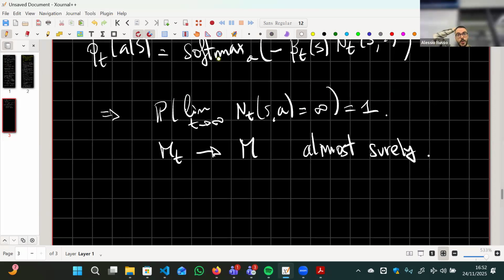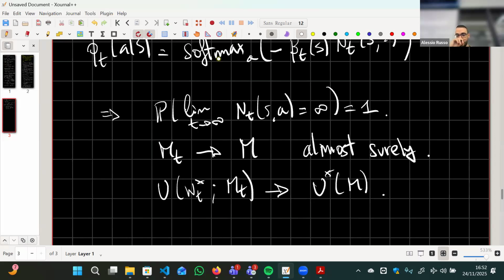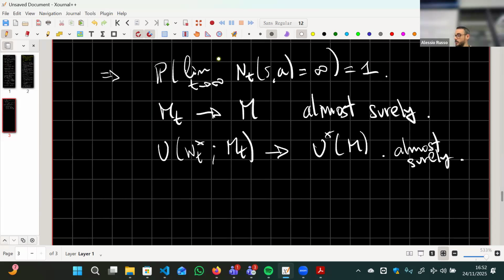And because of the continuity property of the relaxed characteristic time, we also have that U of w_t star, M_t will converge to the U star of M asymptotically. Yeah, that's pretty much it.